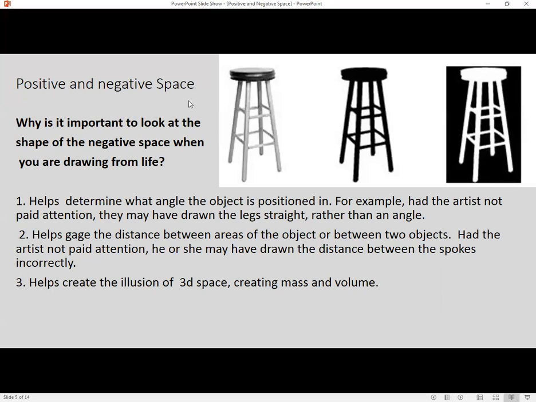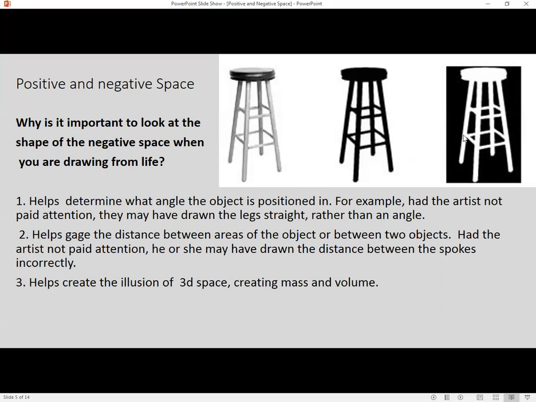So that's one reason. The second reason it's important is it helps you gauge the distance between areas of an object or between two objects. For example, when we look at the negative space between these two legs on the left side, we notice there's this much space here, and a little bit more space here because the legs aren't straight up and down, they're at an angle.